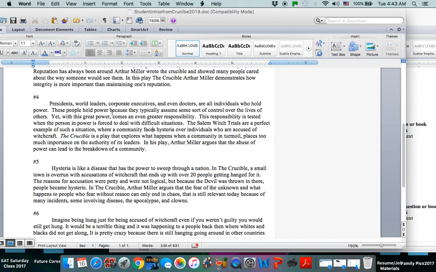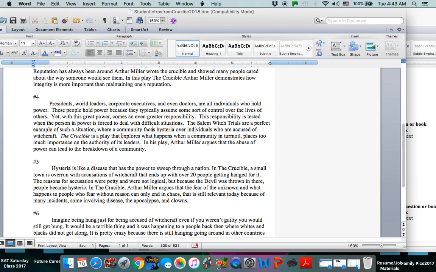Okay, back to our paragraph. "These people hold power because they typically assume some sort of control over the lives of others. Yet with this great power comes an even greater responsibility." Oh, isn't that from the Spider-Man movie? "This responsibility is tested when the person in power is forced to deal with difficult situations. The Salem witch trials are a perfect example of such a situation, where a community faces hysteria over individuals who are accused of witchcraft.